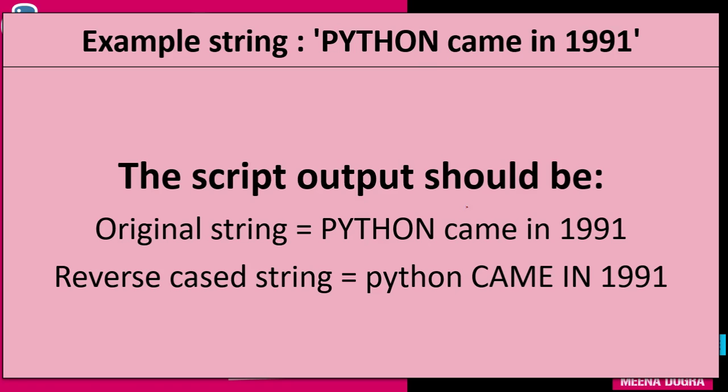So the output should display the original string, and then the reverse case string, such that all capital letters will change to lowercase. I mean, they have to be sent after being converted to lowercase to the second string. Here C, A, M, E are capital, and everything that was in caps was changed to lowercase.